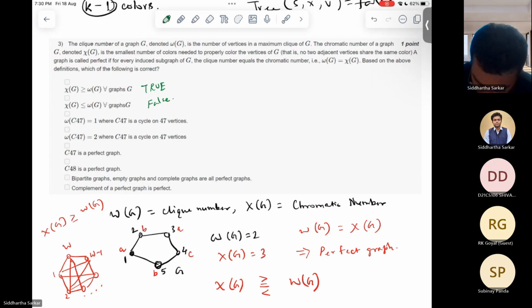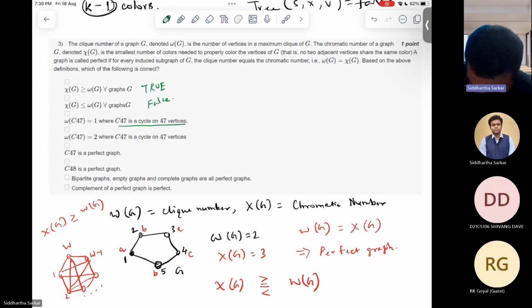Right. So C47 means it's a cycle on 47 vertices. So it's an odd cycle. We are looking at the clique number. So what is the largest clique? Since it is a cycle, every vertex is connected to exactly 2 vertices.